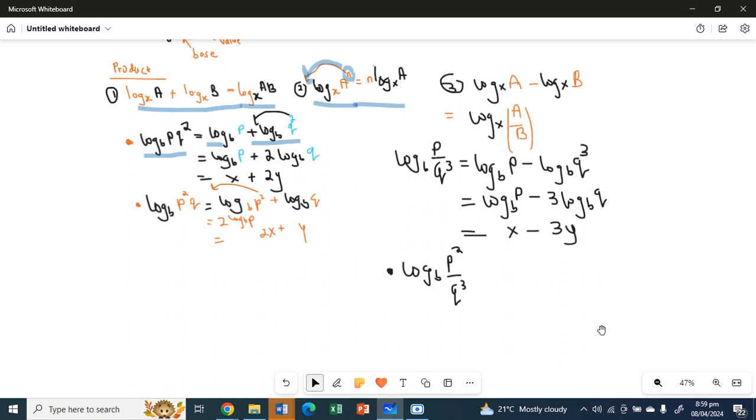Now you're even able to solve by just looking, right? 2x minus 3y. That is correct. Are we all getting that? Yes.